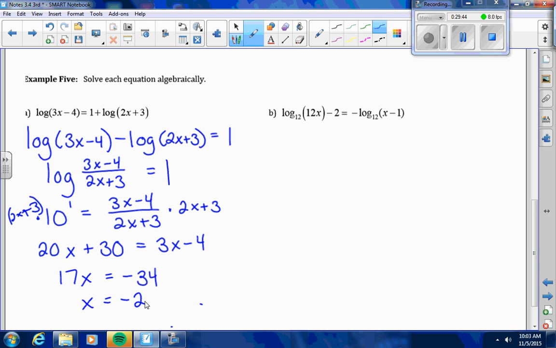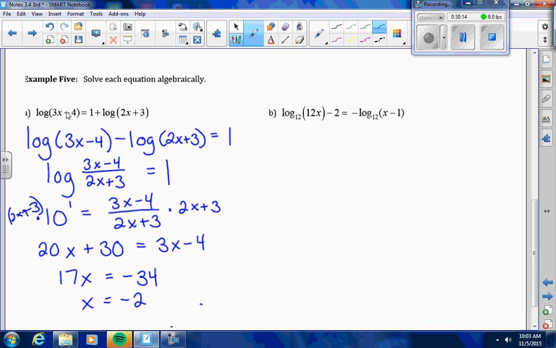Now, when you get a negative answer, this is where we have to be careful. You can never take the log of a negative number. So if I take negative 2 and plug it in for x, 3 times negative 2, negative 6 minus 4, log of negative 10.